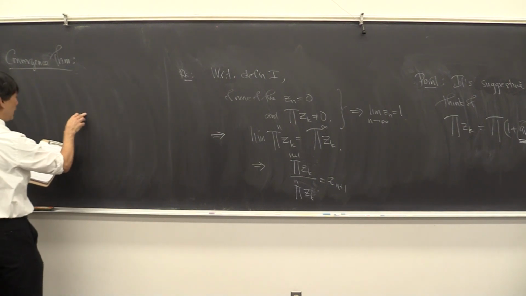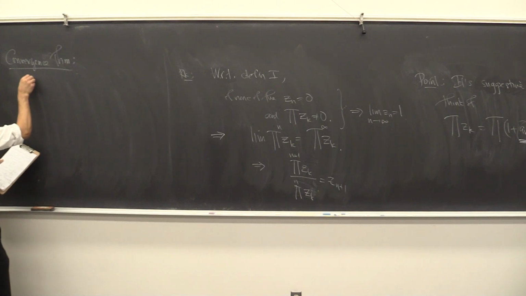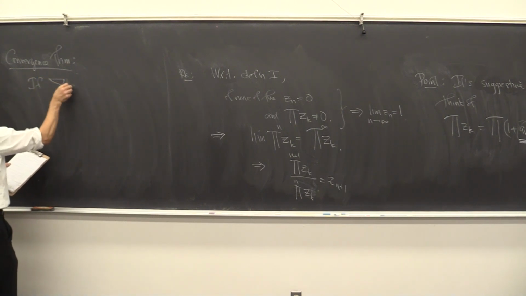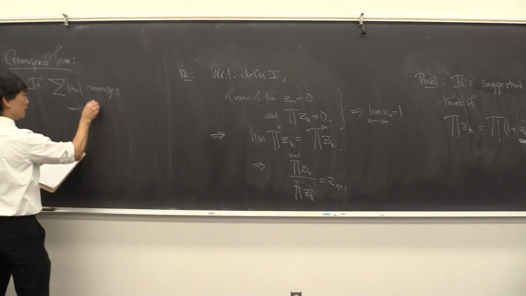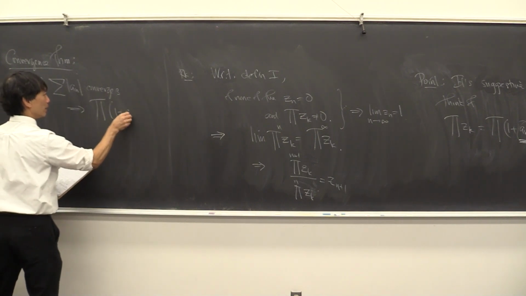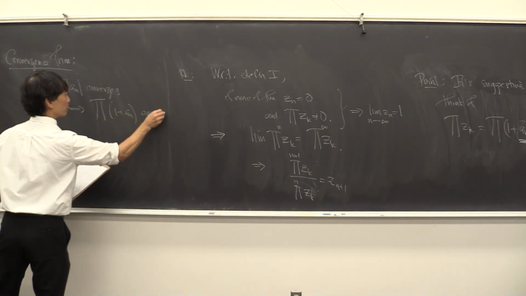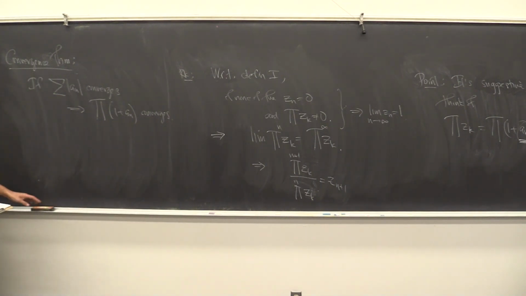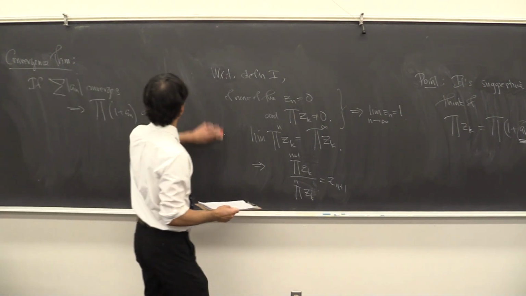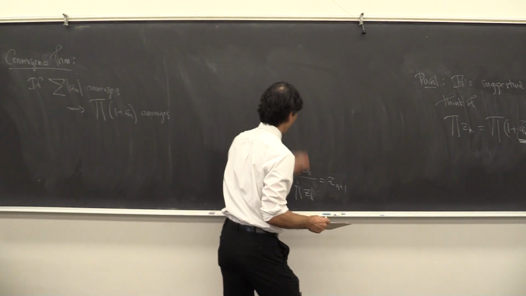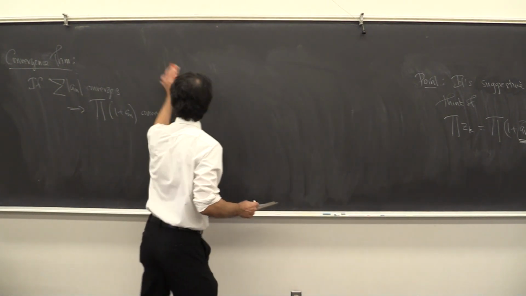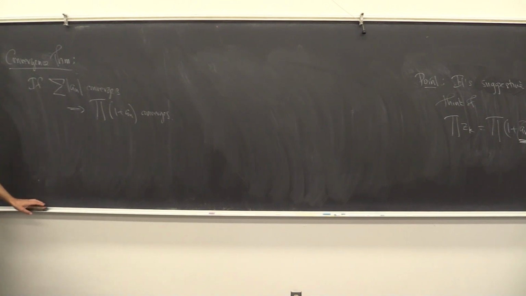If the sum of the absolute values of the a_n converges, then the infinite product of 1 plus a_n converges.